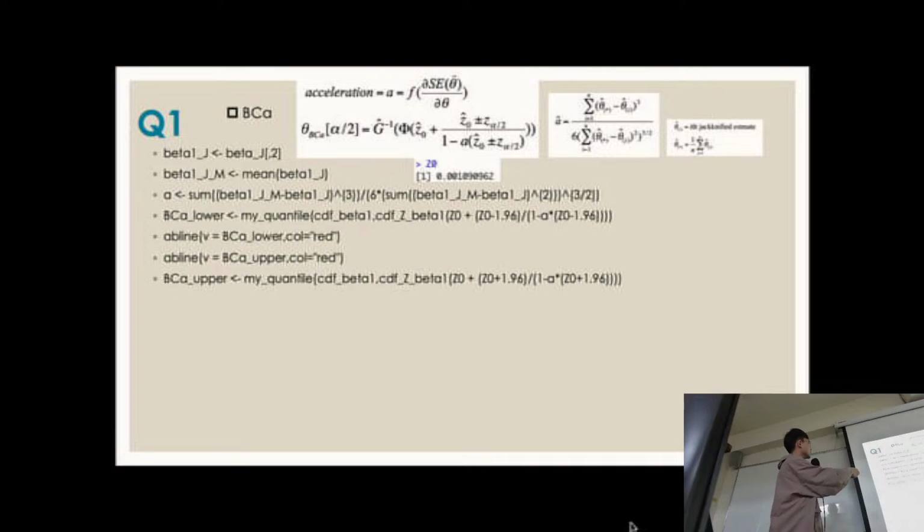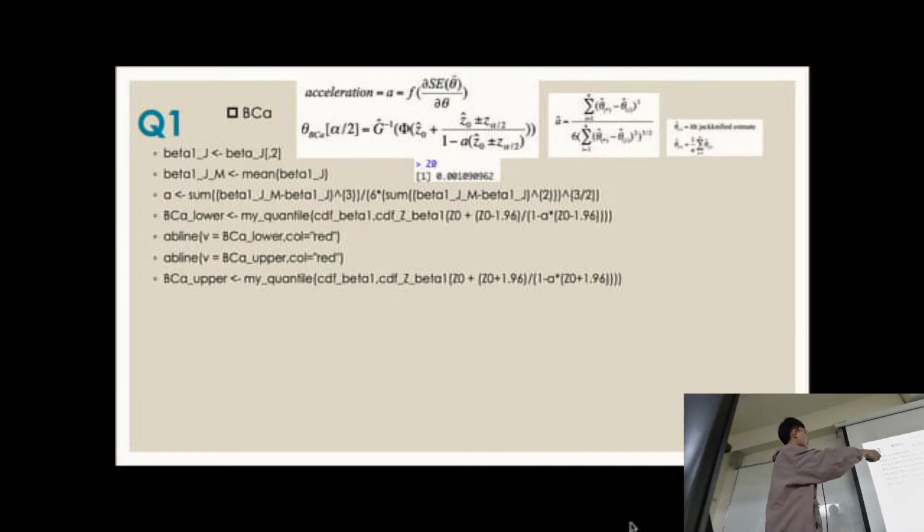And the A is followed by the equation of this. So I have to take the mean of the beta 1 jackknife minus the jackknife beta 1, and doing this calculation to get the A.